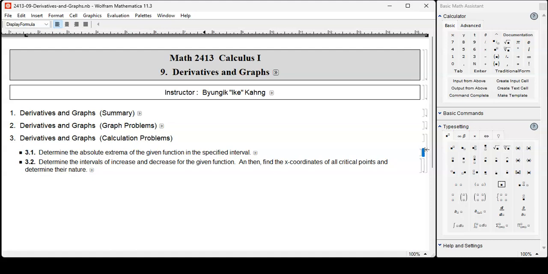So local maxima minima problems are far more inclusive, far more extensive compared with absolute extrema problems. So do local extrema and then restrict yourselves to the biggest and the smallest, and that's the absolute extrema.